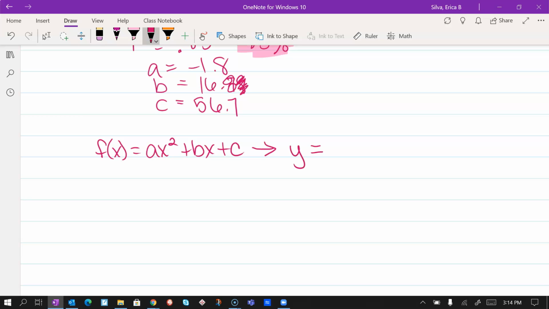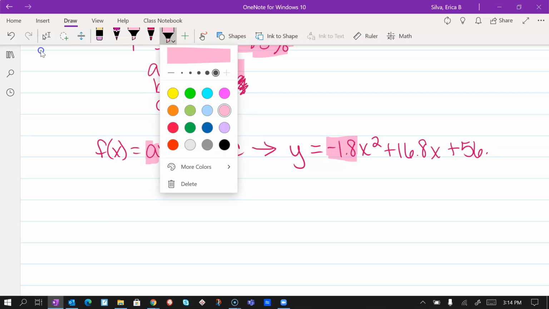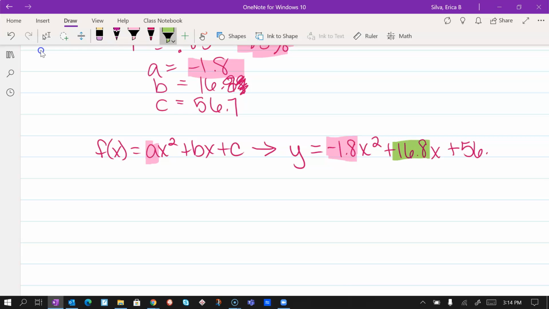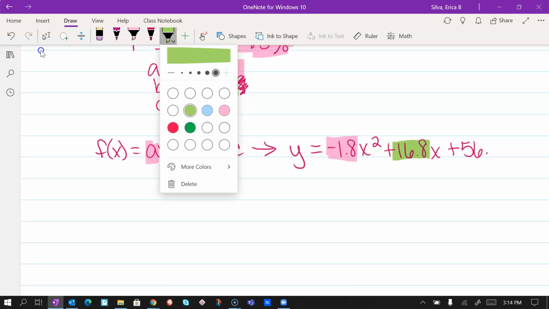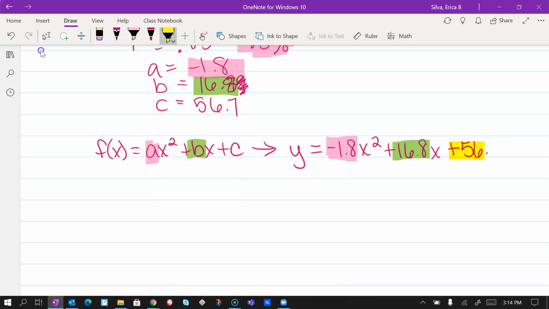We're going to say y is equal to, and then substitute my a value, x squared, plus my b value, 16.8x, plus my c value of 56.7. So my A is here, my B, and my C.